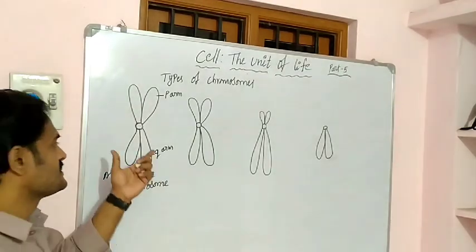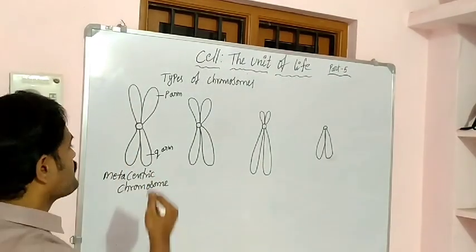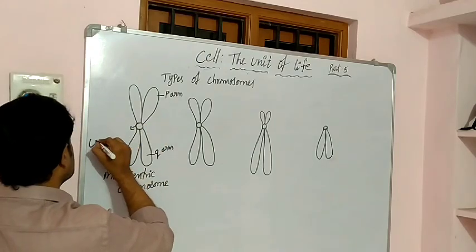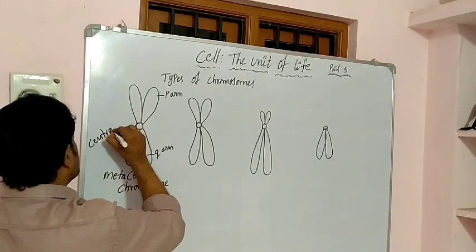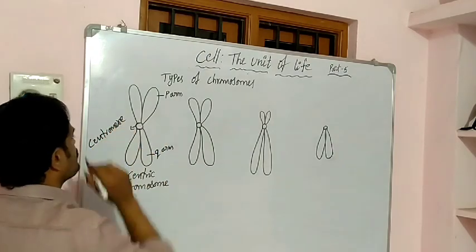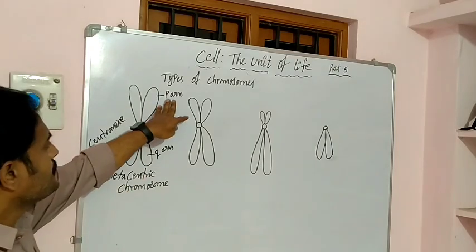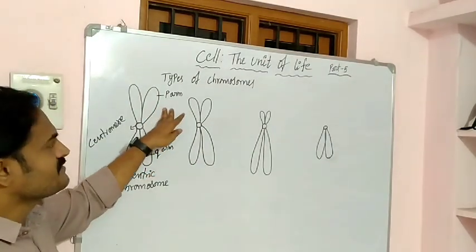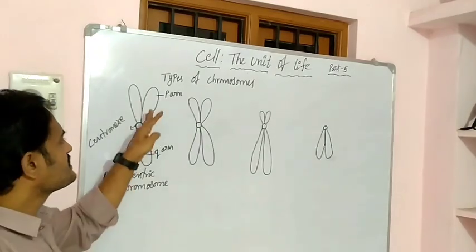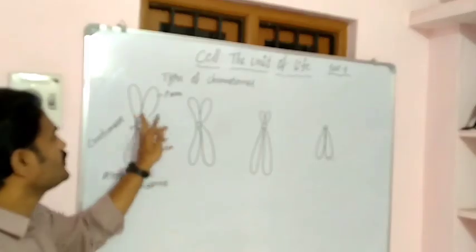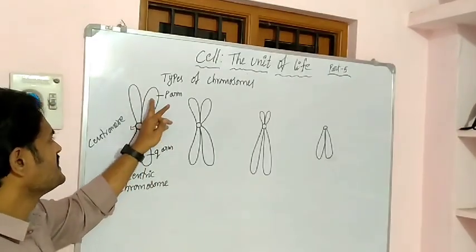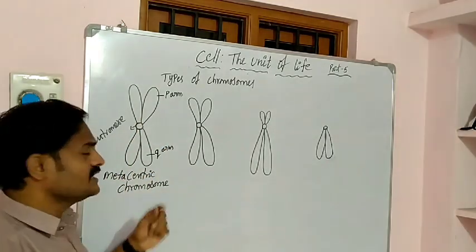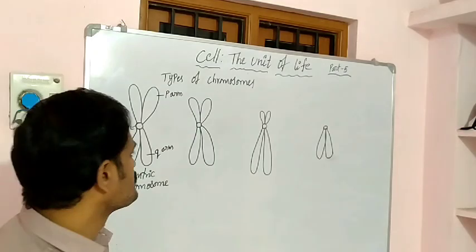To find out whether it is metacentric, from the centromere, both the P-arm and Q-arm have equal shape and size. Both are similar in size and shape. This kind of chromosome is called a metacentric chromosome.